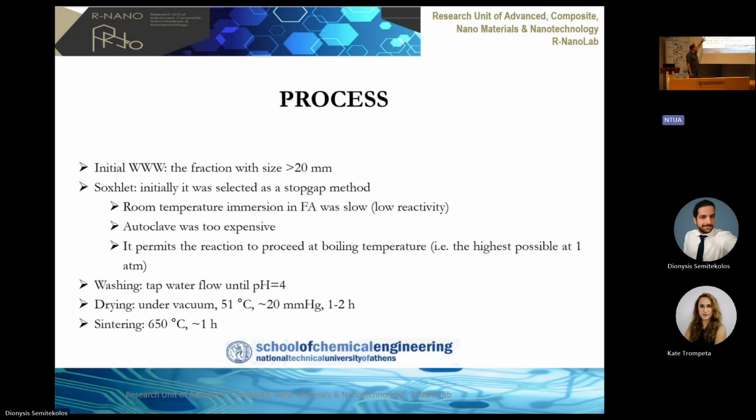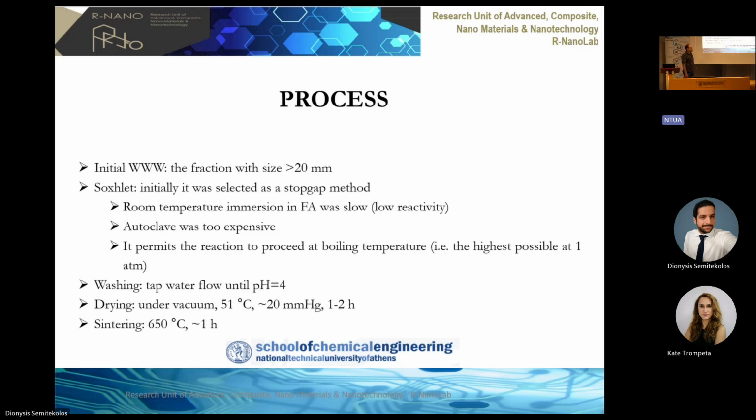That's about the Soxhlet. Washing was needed because formic acid is an acid, so we had to remove it after the treatment. We had to wash it with tap water until we reached a pH value of 4 or higher.